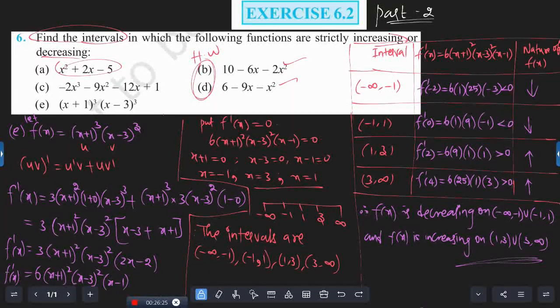Those who completed, write question number 7. Done. We'll go to 7. Have you done? Girl side.